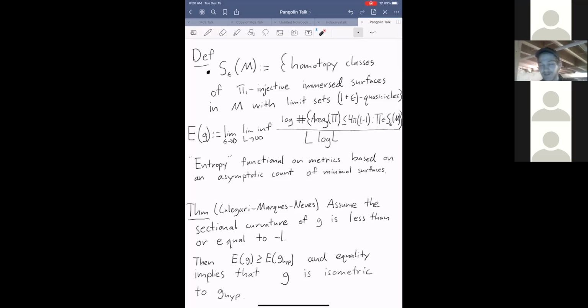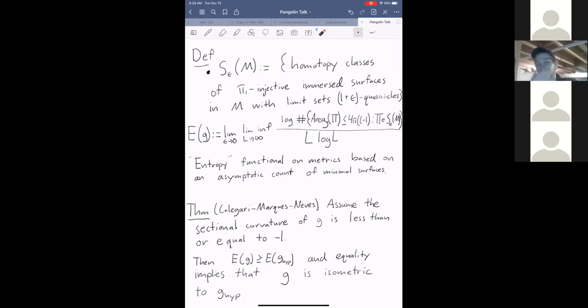I don't have a good explanation; it's growing faster than what you have for geodesics. L log L usually means you have a gamma function kicking around in there somewhere, by Stirling's formula. Yeah, there's a factorial or something, if I remember.